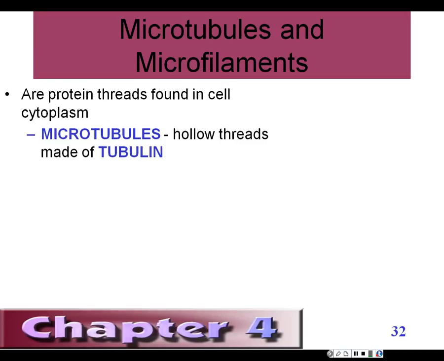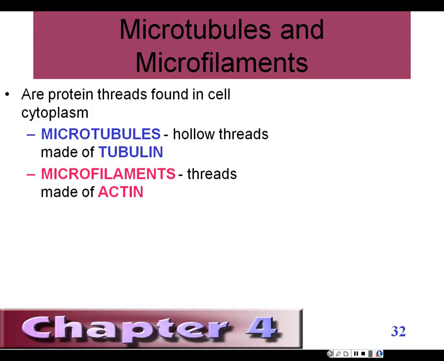Microtubules, we know that these are the hollow threads. The word tubule leads us to believe that it's hollow. Okay, it's made of a protein that's called tubulin. And we'll take these microtubules and the intermediate filaments and the microfilaments, and all of those guys together will make up your cytoskeleton.